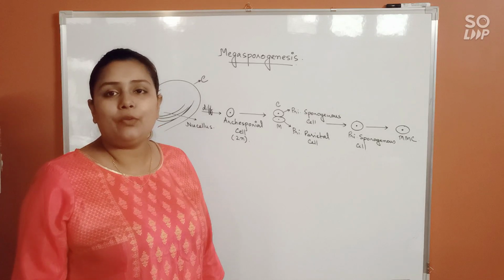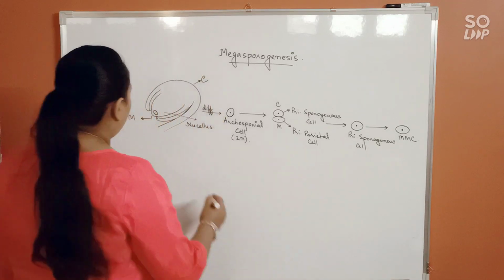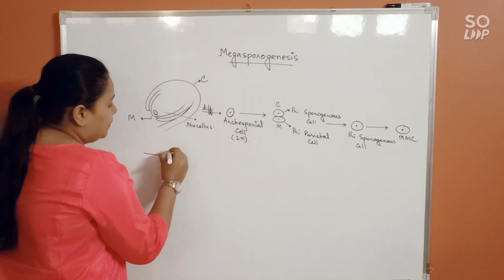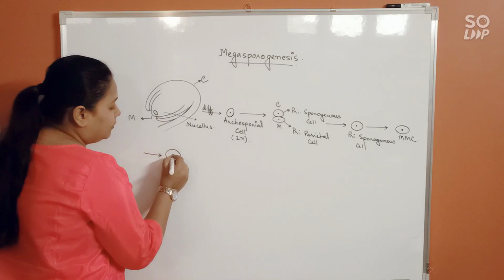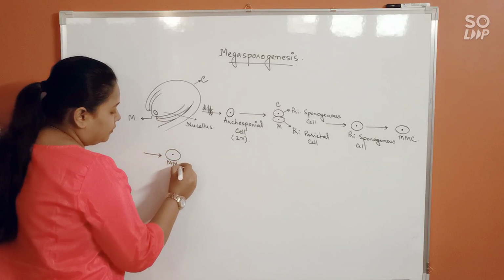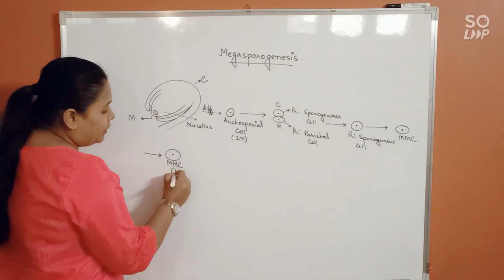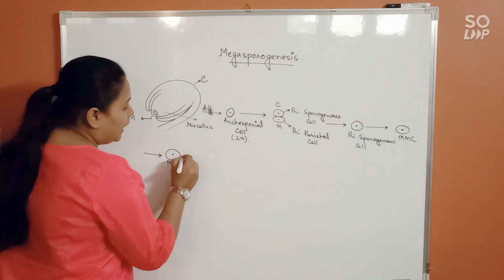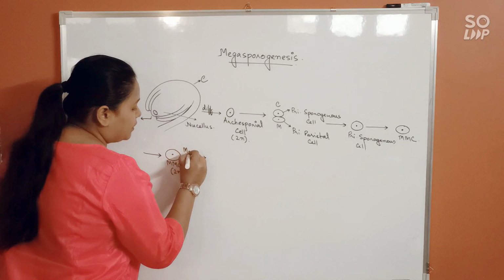So let's see how it would happen. Now see here. Suppose this is the megaspore mother cell. Megaspore mother cell is 2n, diploid. It will undergo meiosis first.